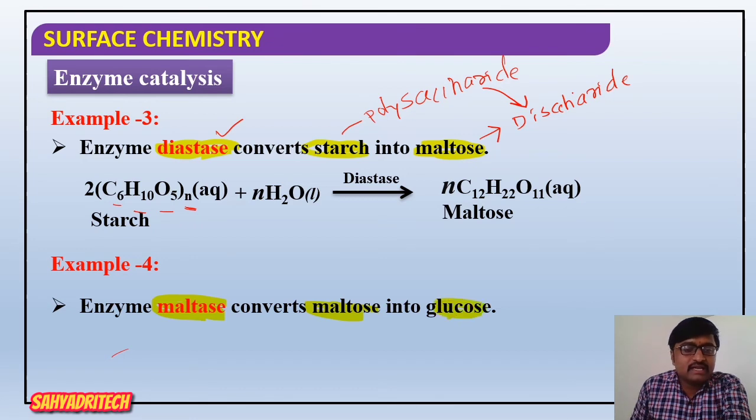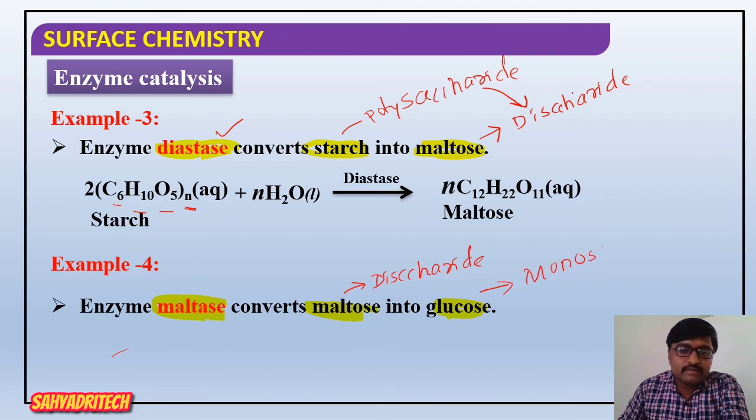What did I already say here? Maltose is a disaccharide, and maltose is converted into glucose. Glucose is a monosaccharide, meaning a disaccharide is converted into a monosaccharide with the help of the enzyme maltase.